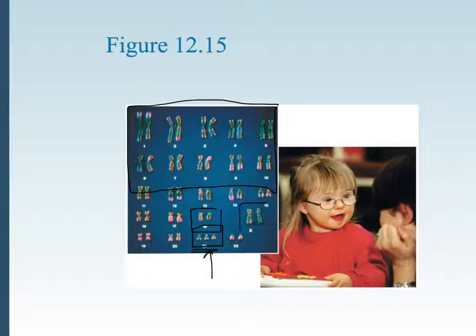Trisomies of the sex chromosomes are actually rather common, and so you can have extra X's and extra Y's with a phenotype that usually you wouldn't even notice unless somebody told you. So trisomies with the sex chromosomes are really common, less so with the autosomes, and very rare the higher up you go on this diagram.